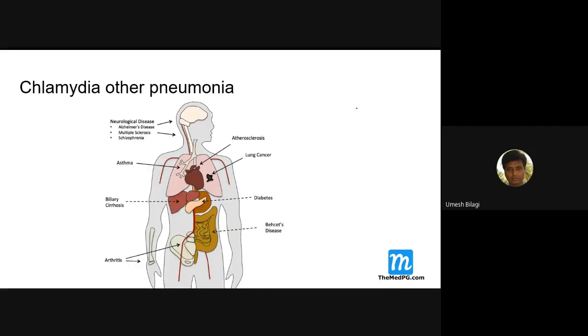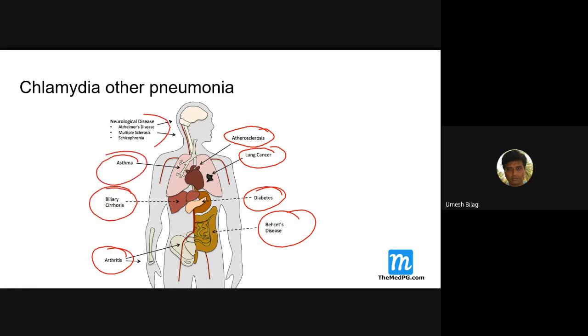Apart from causing pneumonia, chlamydia can cause long-term chronic infections and chronic diseases in humans, especially atherosclerosis. It can cause lung cancer, diabetes, Behçet's disease, arthritis, biliary cirrhosis, asthma, and Alzheimer's.